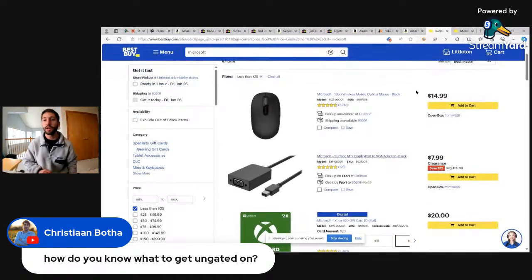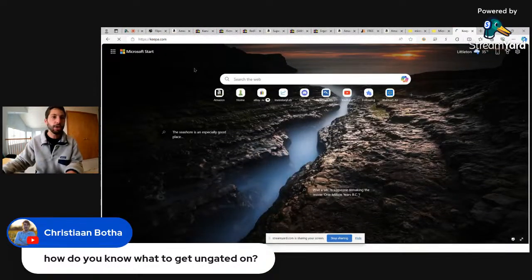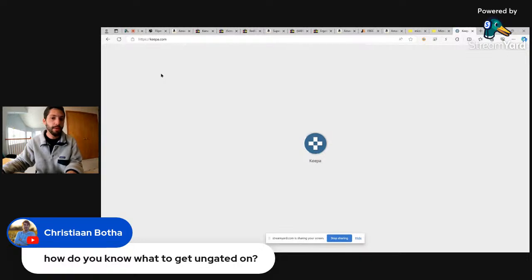The point with ungating is you're not trying to actually make money off the ungate. You're trying to get ungated. You might literally lose $80 and you just say, whatever, I wrote it off as a loss on my taxes, and now I can sell all of Microsoft. And then you can sell any item from Microsoft.